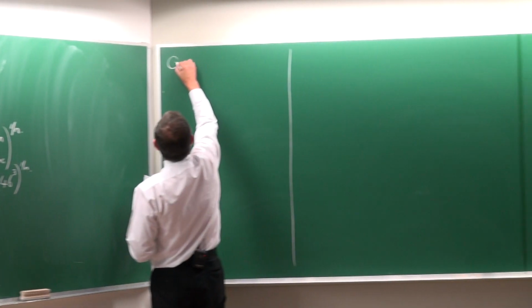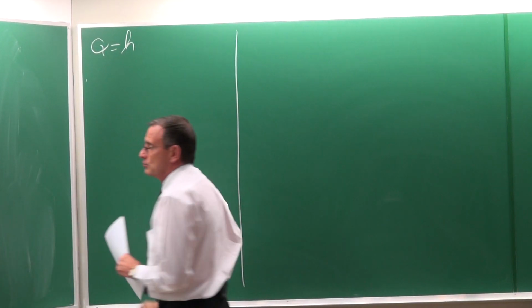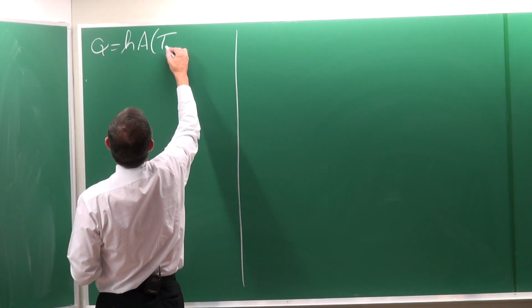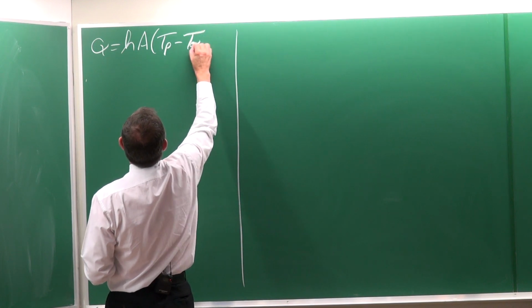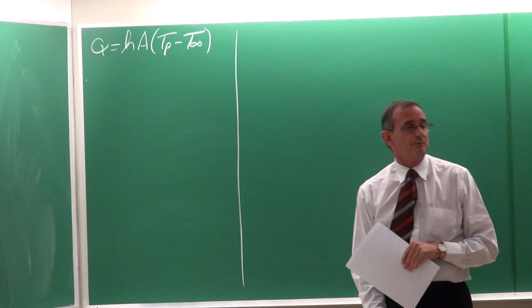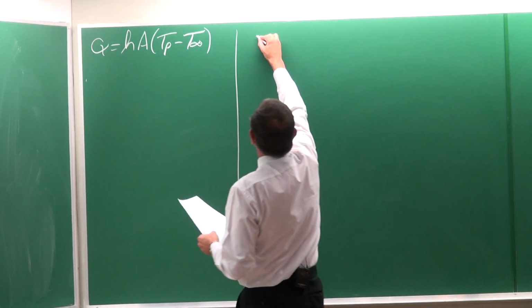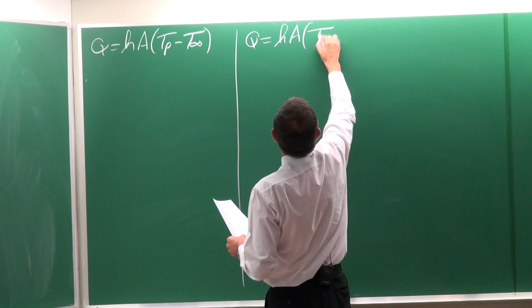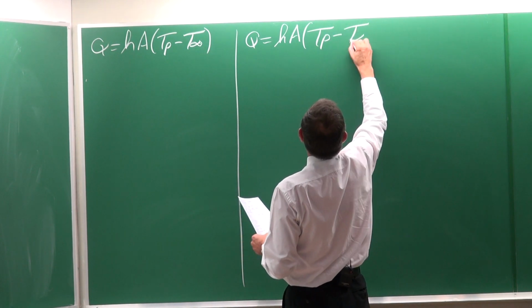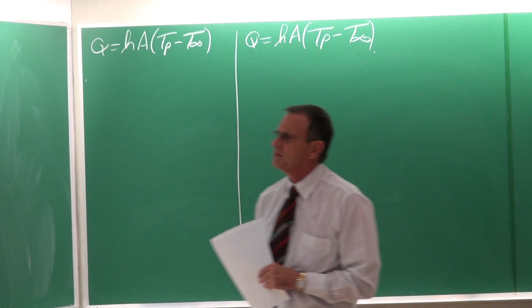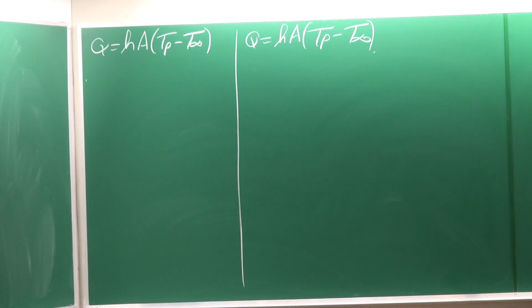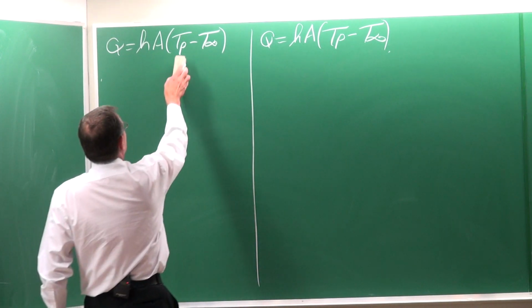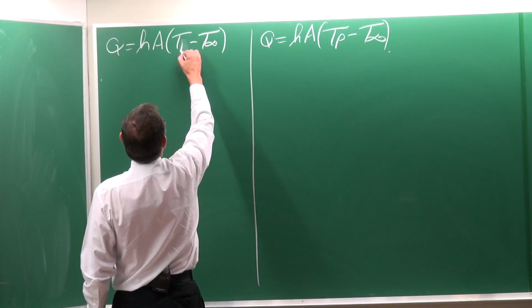If we look at the heat transfer rate, it's going to be equal to the heat transfer coefficient multiplied by the area, multiplied by the temperature of the plate minus the ambient temperature. And here the same: the heat transfer coefficient multiplied by the area, the temperature of the plate minus the environment temperature. I see I've used TH there, so let's rather change this back to TH.